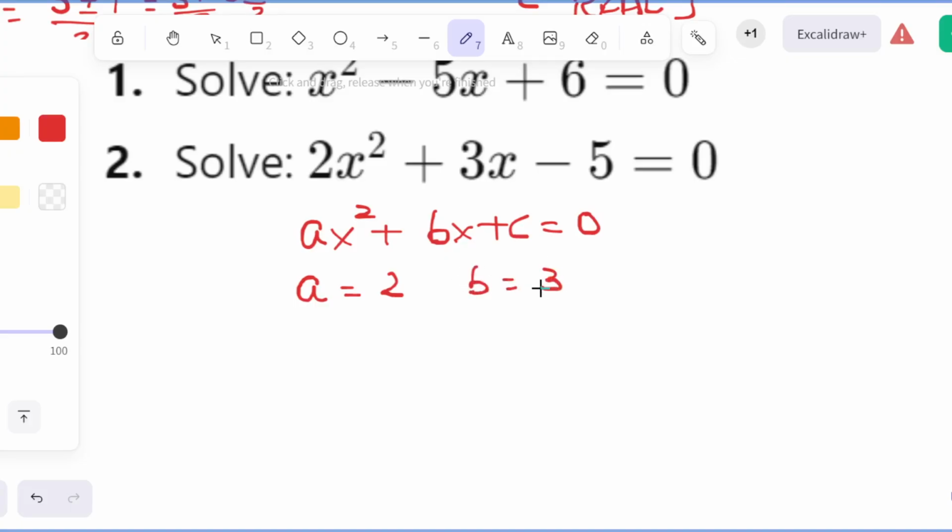What is the value of c? -5. Negative 5. Super.